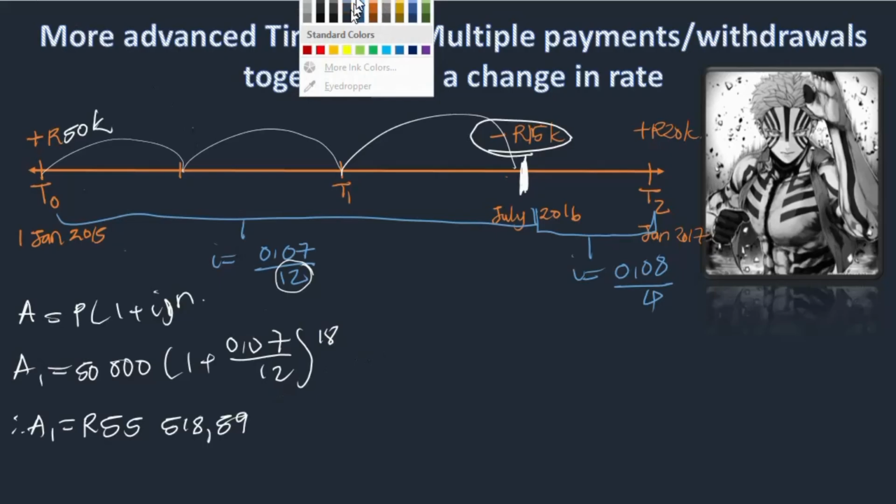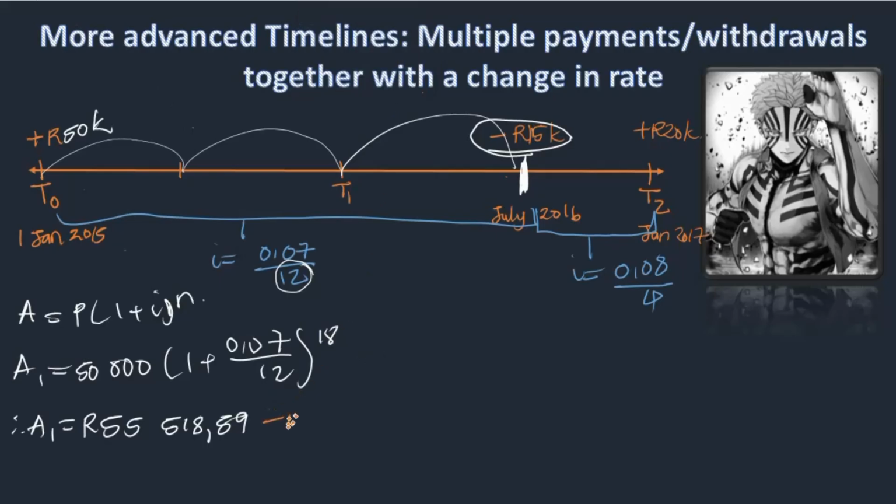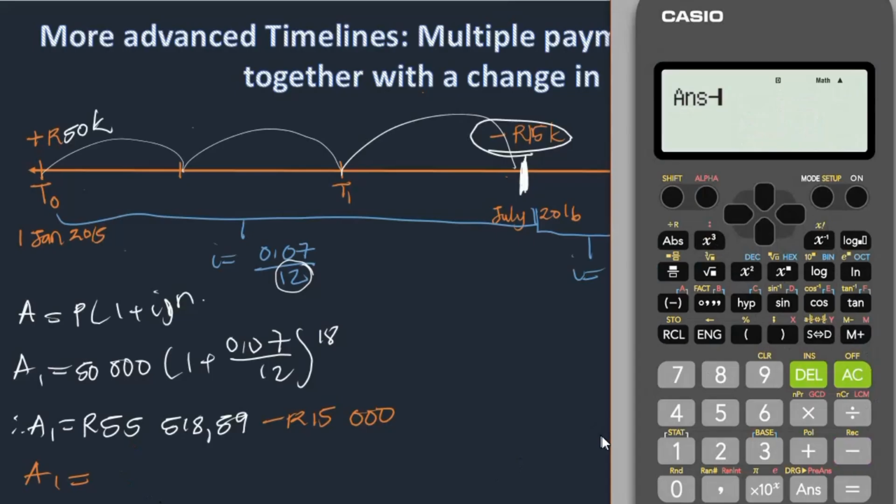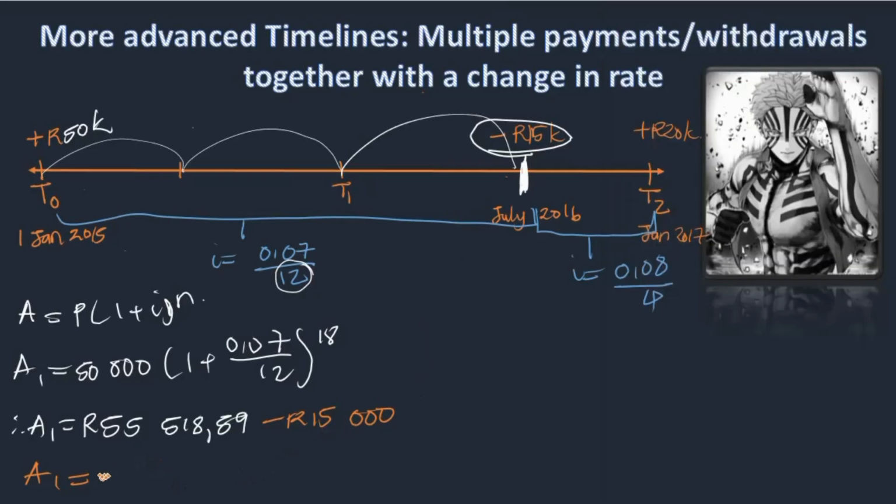So withdrawing 15k there. This gives me an A1 of, minus 15,000, 40,518.59. That's my A1, right?